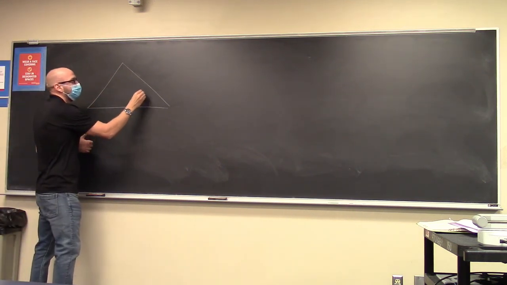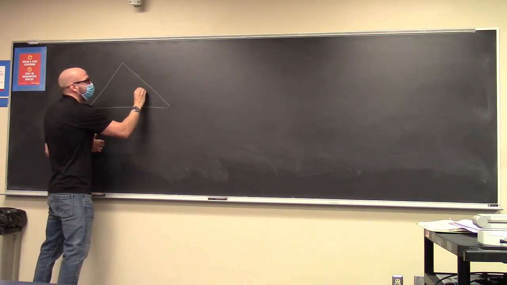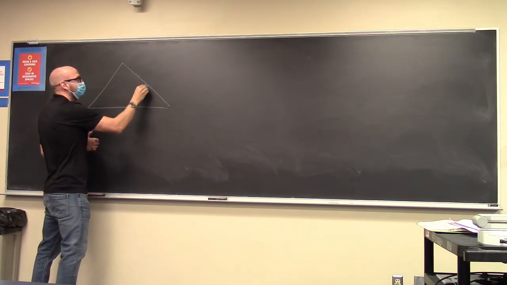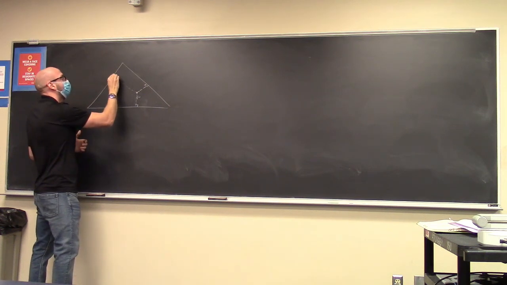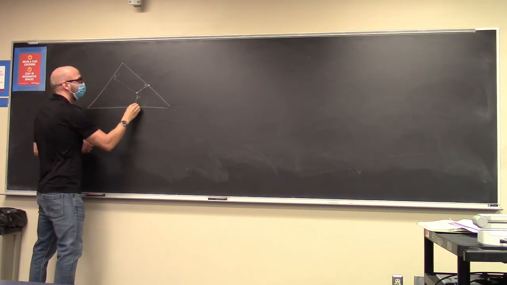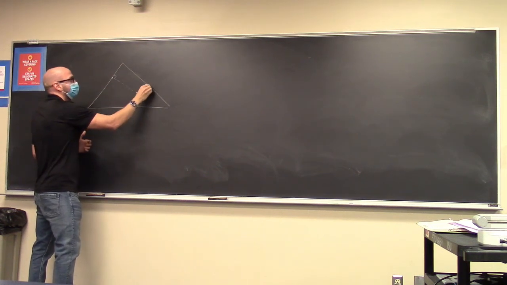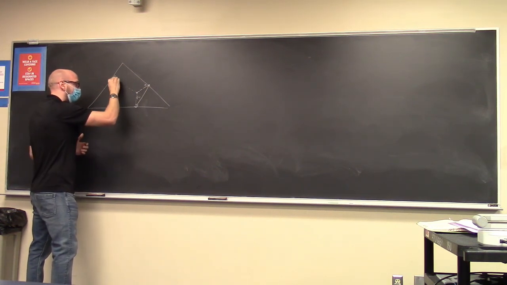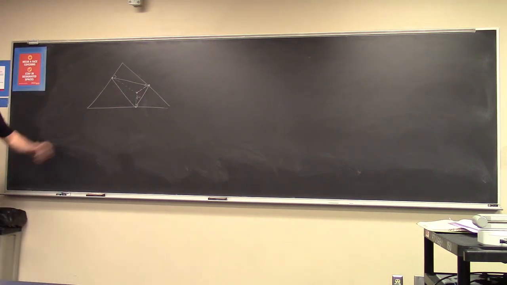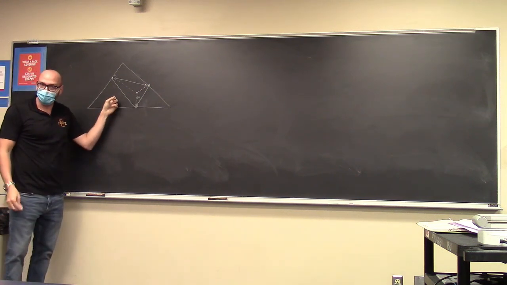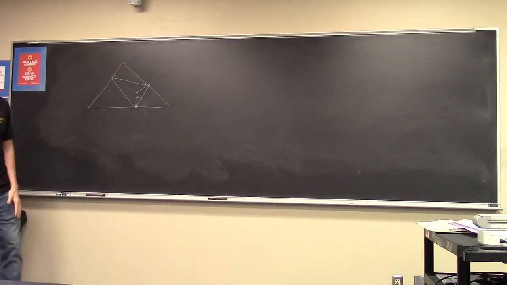The pedal triangle of point P: you go to the point P and you drop perpendiculars to all 3 sides from it. That gives me 3 points, and the triangle connecting those 3 points is the pedal triangle of this point P. So the pedal triangle for the orthocenter is the orthic triangle.